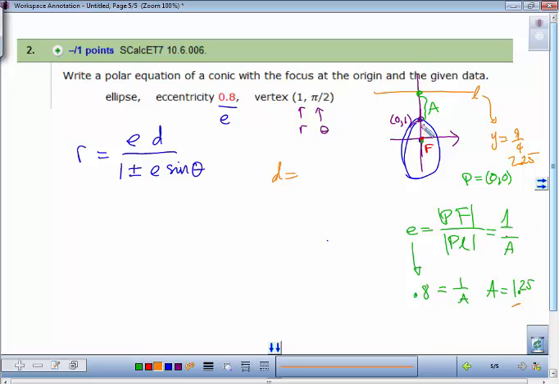Because this is a distance of 1, and this is a distance of A that we just found, which should have a ratio of whatever the eccentricity is. And then you just find that total distance. Okay? So I think if we put those in and then decide whether we have a plus or a minus, we should get our polar coordinate graph.